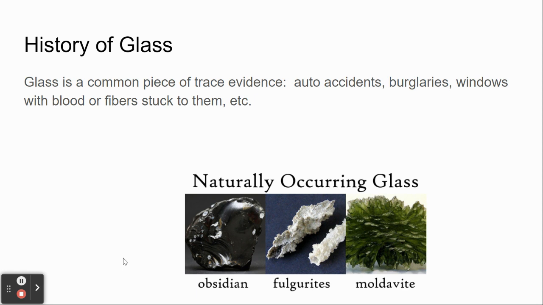But when you look at glass, really glass is a naturally occurring material. Whether you're talking volcanic activity, lightning strikes, any of those types of things can form glass naturally. Humans actually figured out glass making kind of by accident.